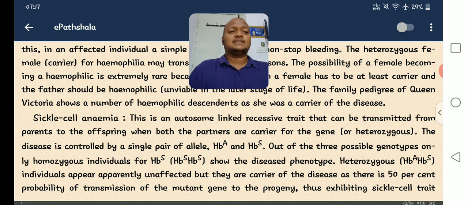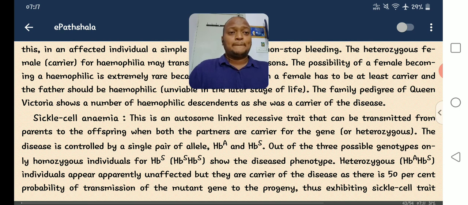Heterozygous HBA HBS individuals appear apparently unaffected, but they are carriers of the disease, as there is 50% probability of transmission of the mutant gene to the progeny. HBS HBS means affected individuals.